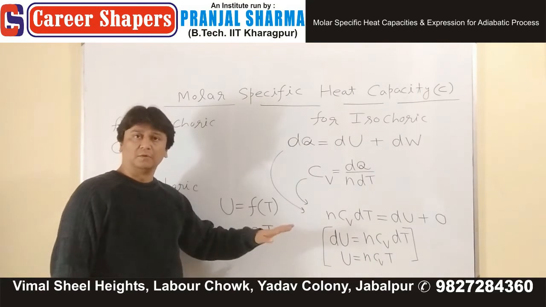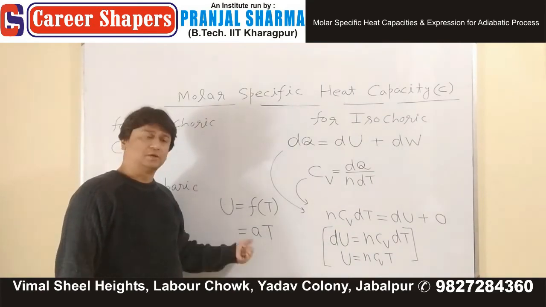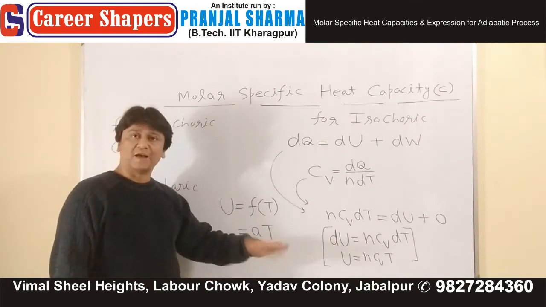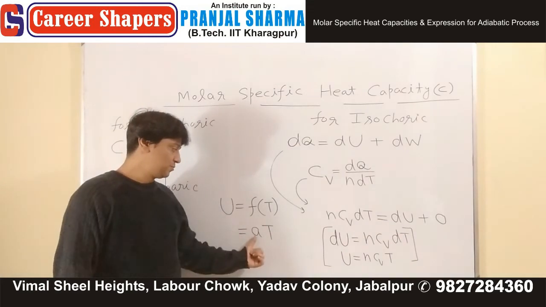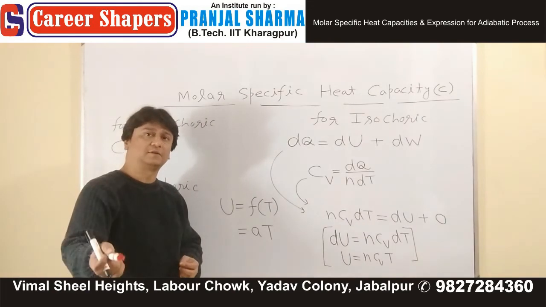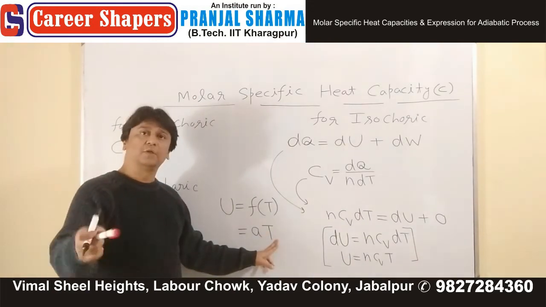A simple version is this. Internal energy is a function of temperature. Very elementary definition is that U is some constant, let's say 2, 3, 4, 5, 6, a number, and a term for the temperature.